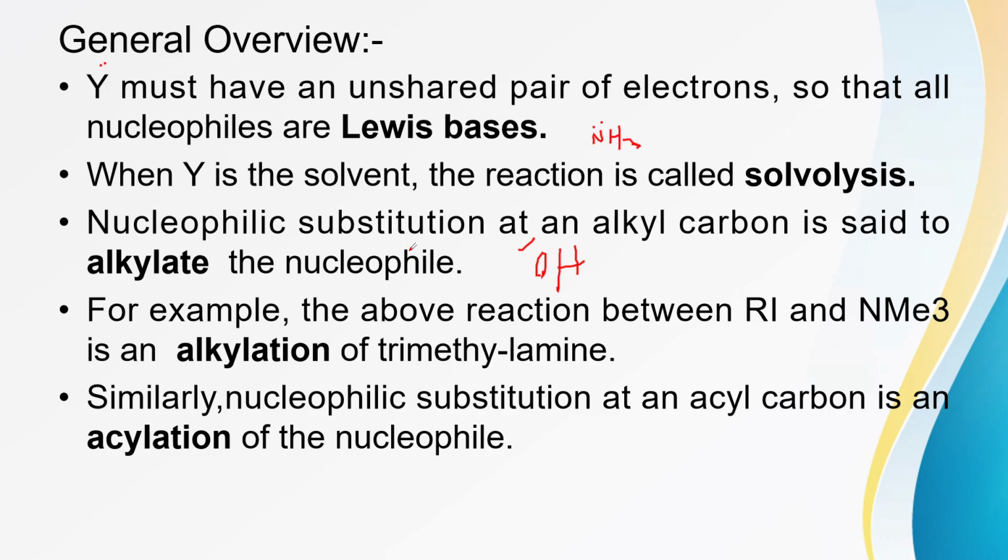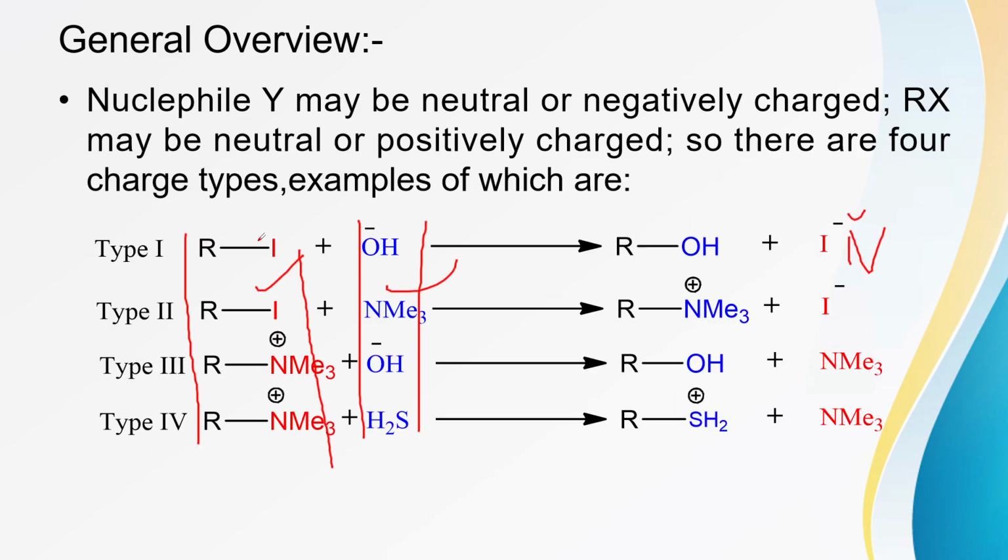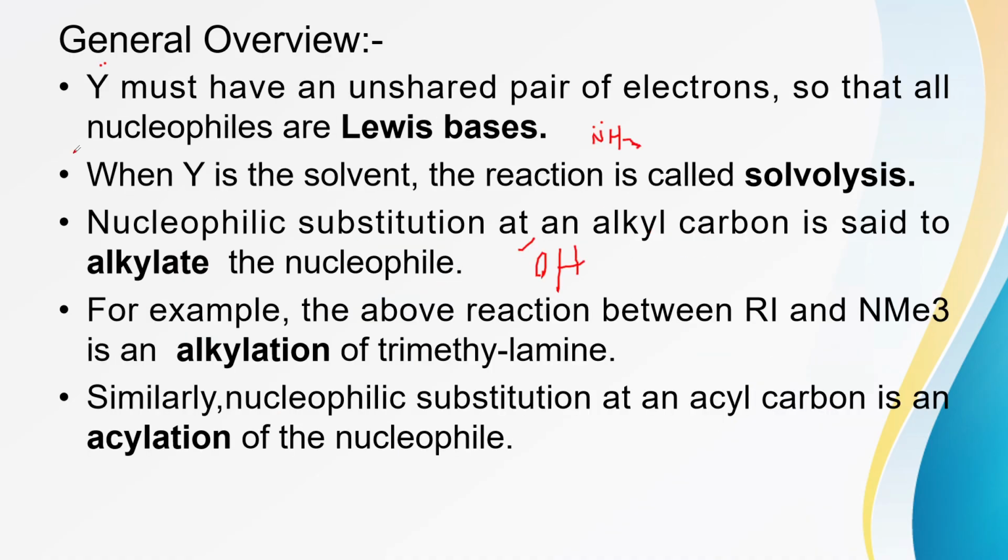We can see from this example that here RI is our substrate and OH is the nucleophile, and this OH gets attached to R. In other words, we can say that this R group gets attached to OH. The R group is added to the OH group. We can say that this is alkylation because an alkyl group is attached to our nucleophile, so this is alkylation of the nucleophile.